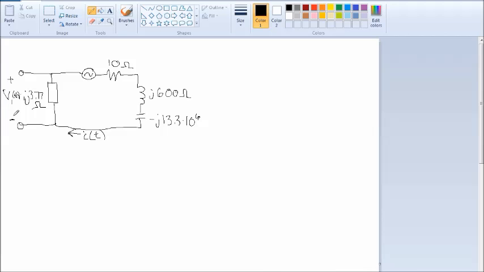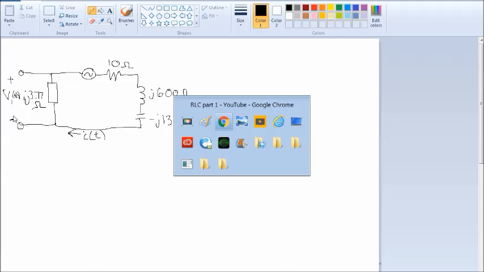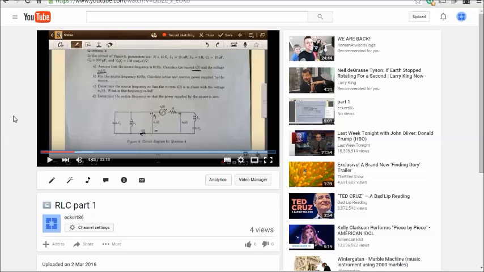So the way I figured we would do this is, like I said, I would do a KVL equation, a loop equation, and the reason is because using that we can solve for that voltage and that current conveniently at the same time. So let's see here. We also need to know our voltage, which is stated in the problem.